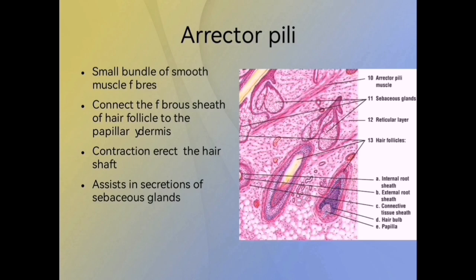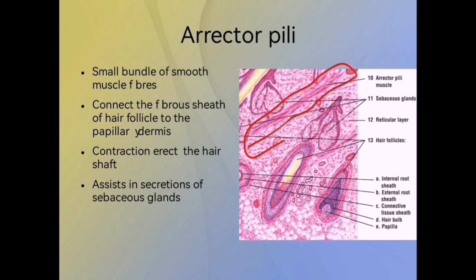So when it contracts, it pulls the hair shaft into a more erect position. And it also assists in the secretions of sebaceous glands. So this is our arrector pili muscle, attaching onto the hair follicle.